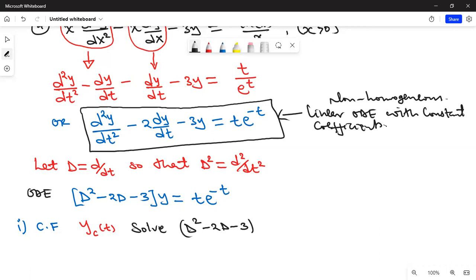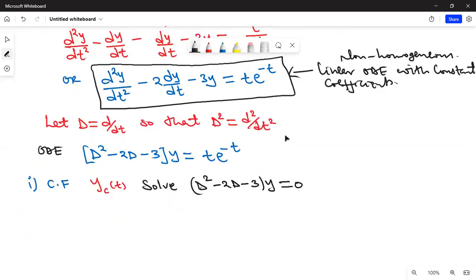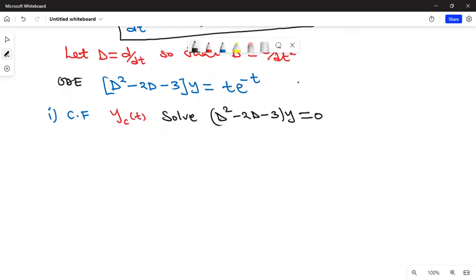This should operate on y to give us 0. And so what is the auxiliary equation? I'll write here auxiliary equation. That is d squared minus 2d minus 3 is equal to 0.